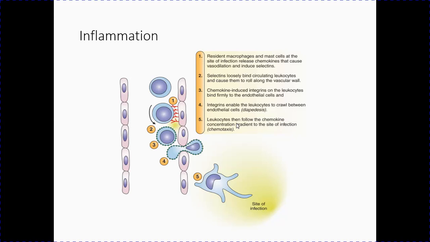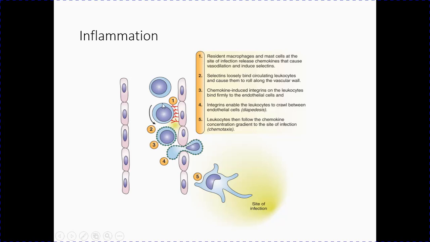Here's a picture of that. If we start at the top, you can't see it here, but at the site of infection, macrophages and mast cells release chemokines that cause vasodilation.